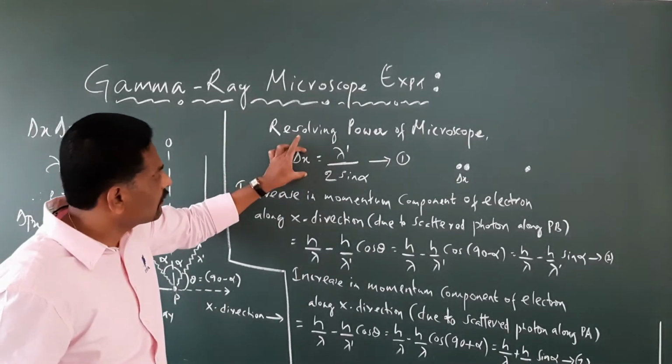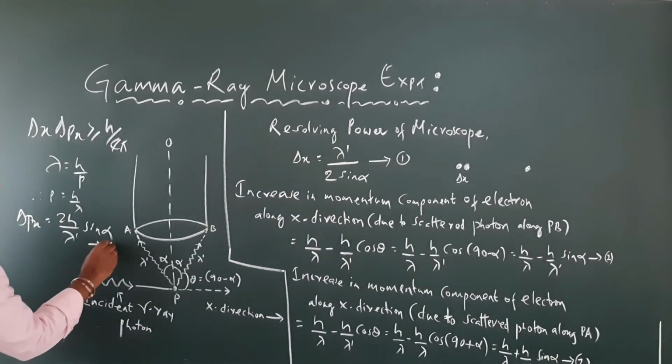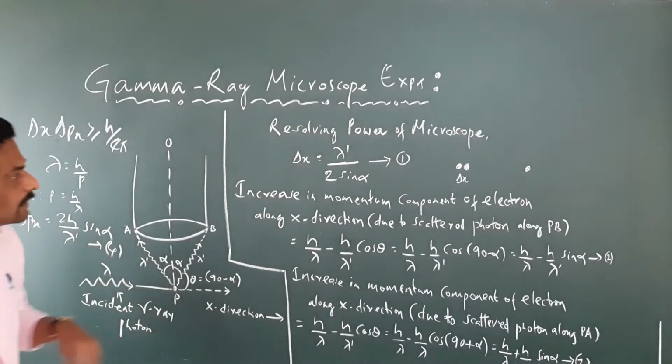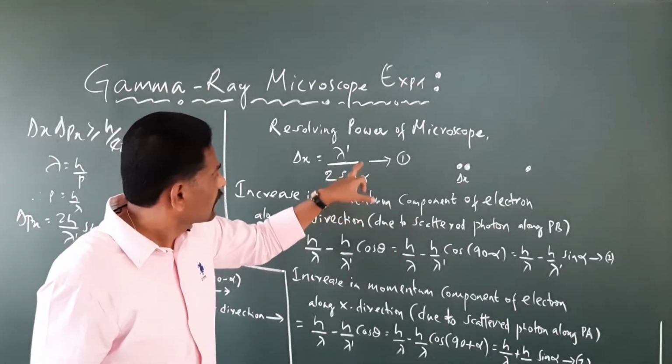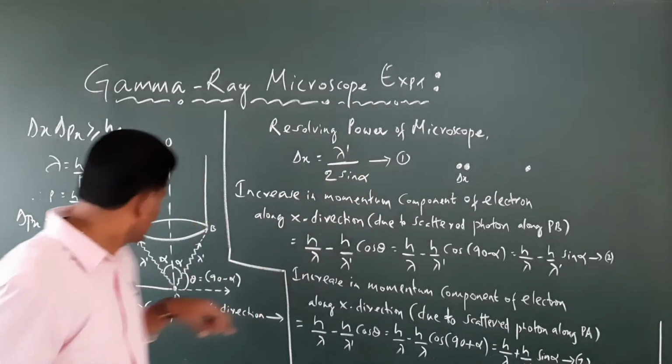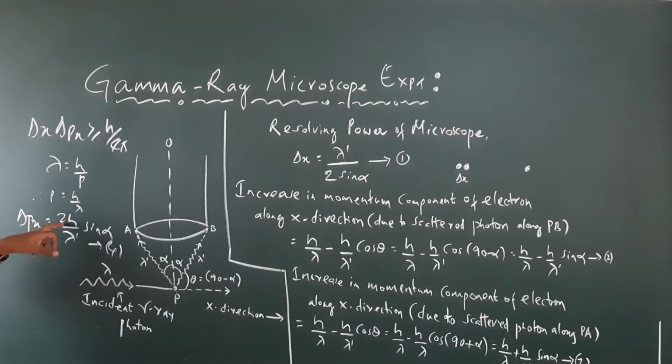Let's call this equation number 4. Here we know the value of delta x, the uncertainty in the position, is lambda dash over 2 sin alpha. And the value of delta px is 2h by lambda dash into sin alpha.